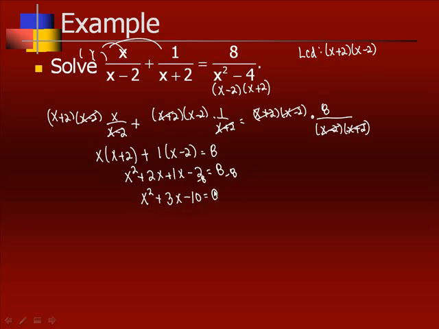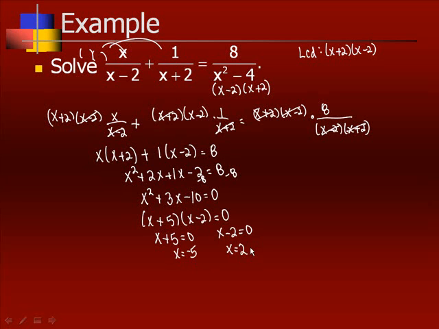Now we have to decide how we want to solve that. That one's going to factor, so we get (x + 5)(x - 2) = 0. Setting each factor equal to 0, we get x = -5, or setting x - 2 = 0, we get x = 2.